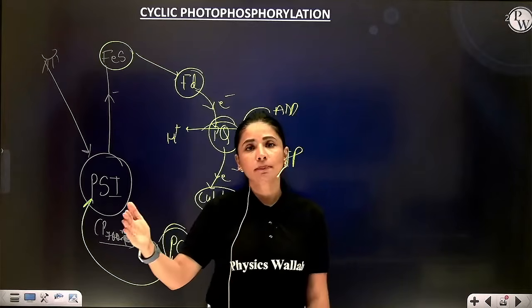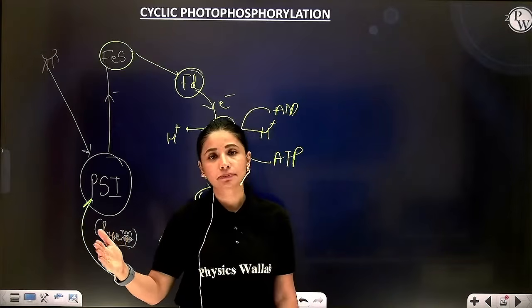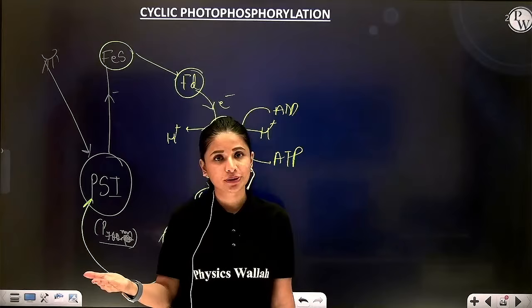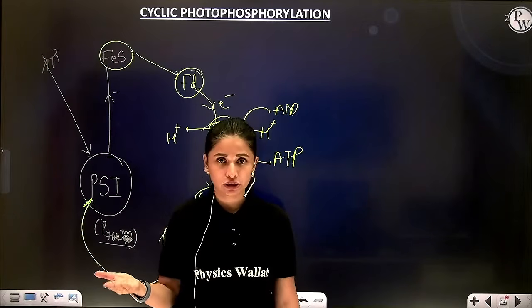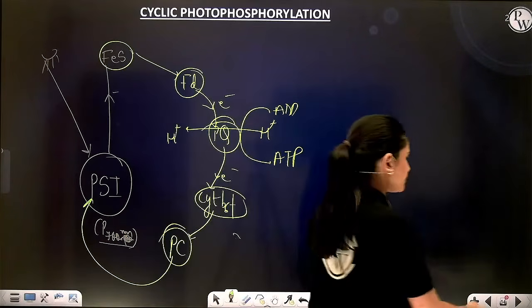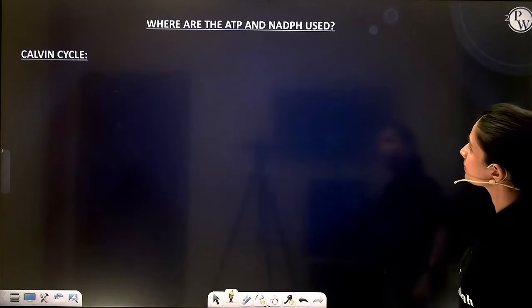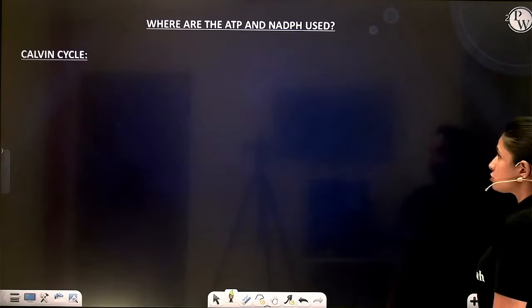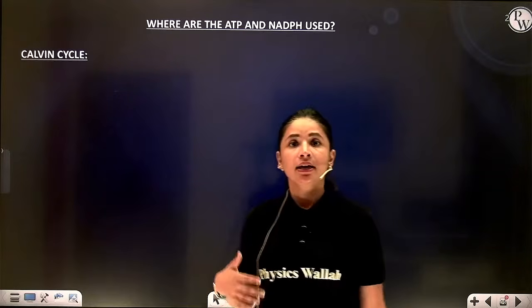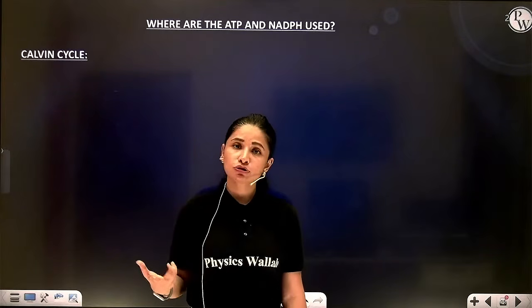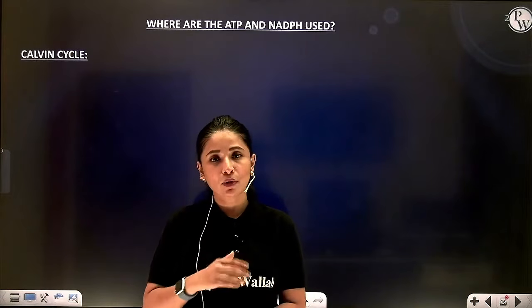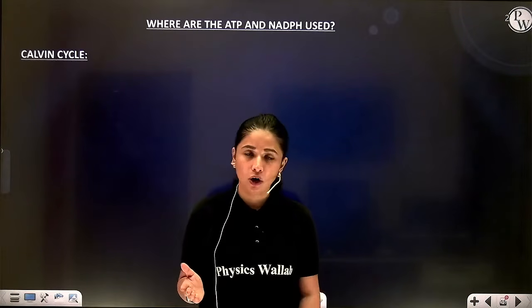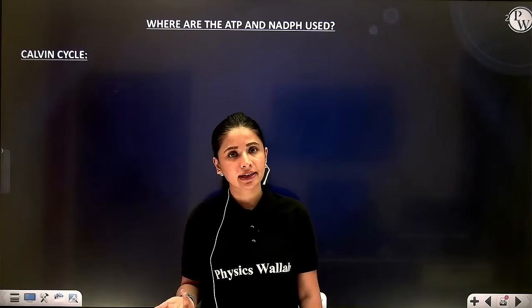Now let's talk about the second half of the chapter, second half of photosynthesis, that is dark reaction, also known as biochemical phase, also known as light independent phase. Simultaneously, beta, both light reaction and dark reactions are operating during the daytime itself.